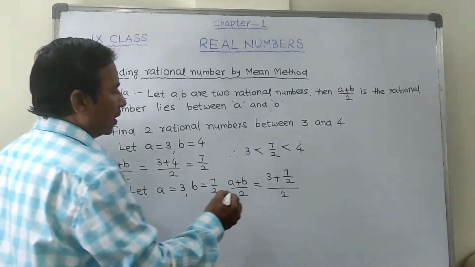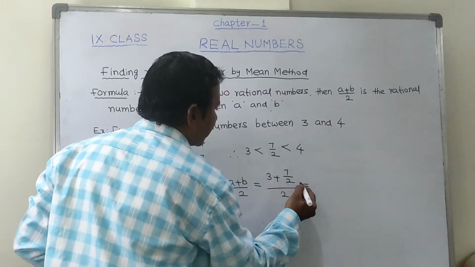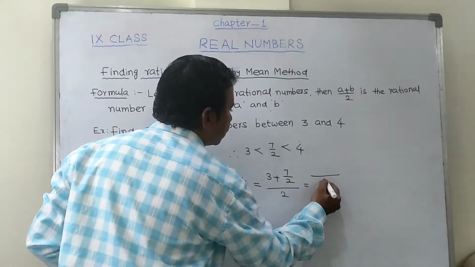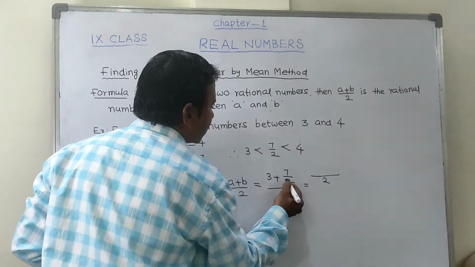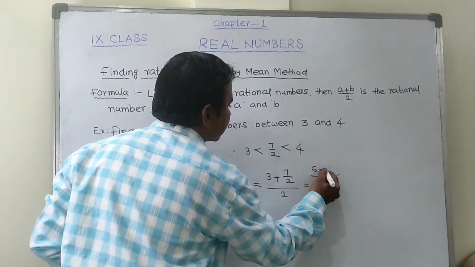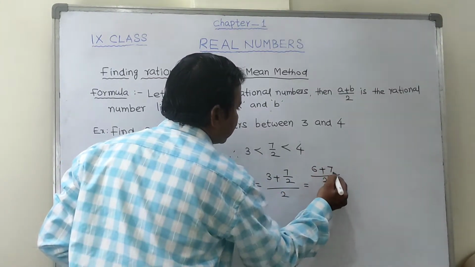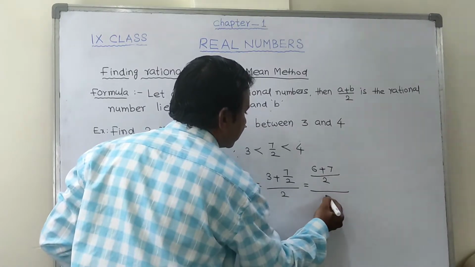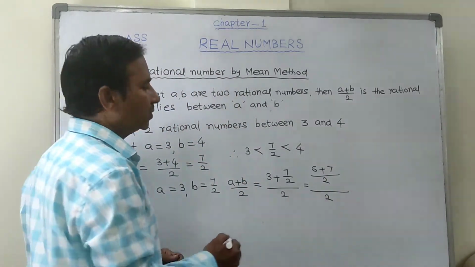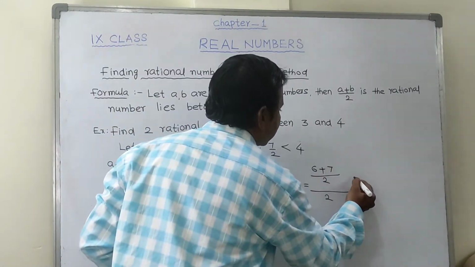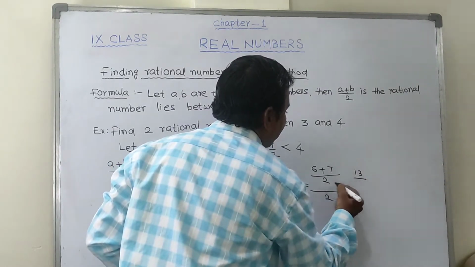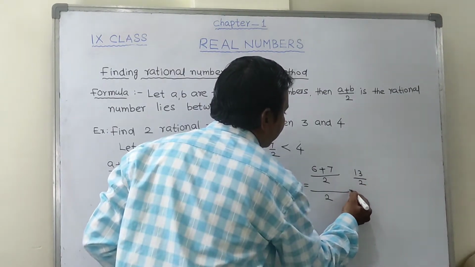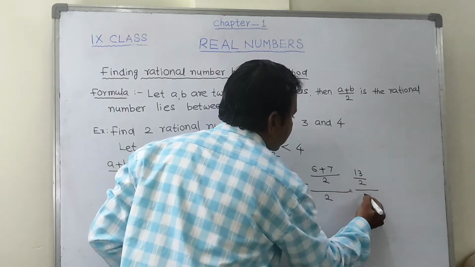Now how to do the simplification here? You will get 2 as the LCM. So 2 threes are 6, plus 7, divided by 2. 6 plus 7 is 13 by 2, divided by 2.